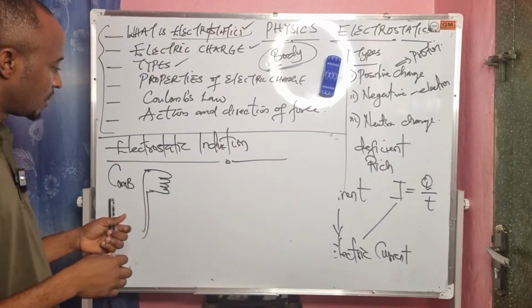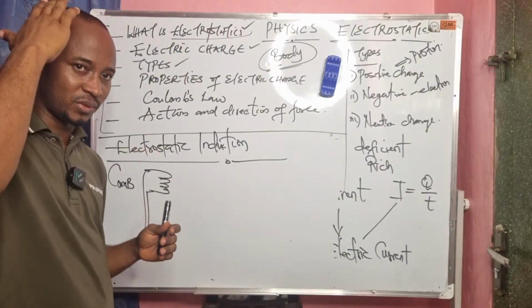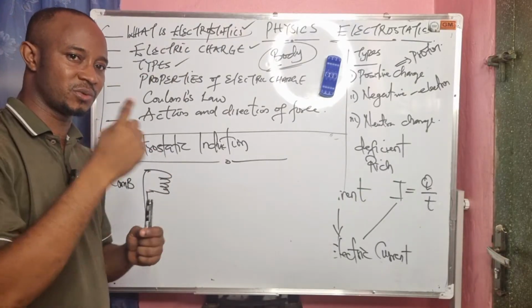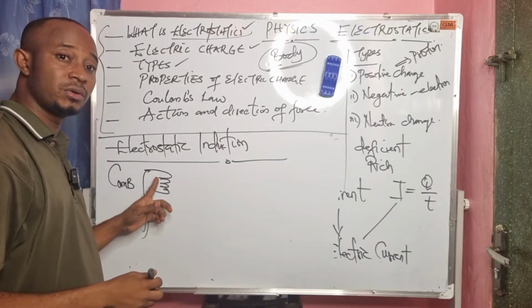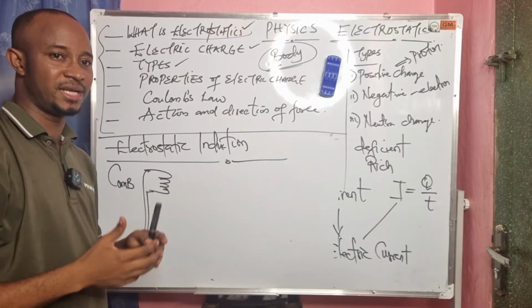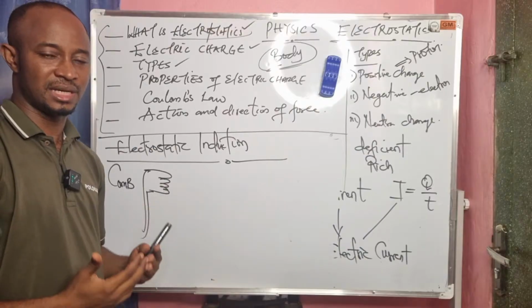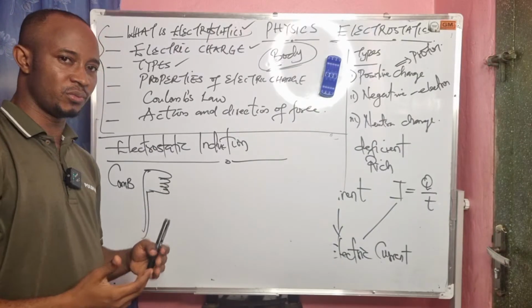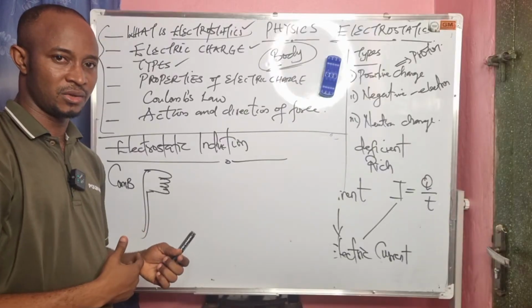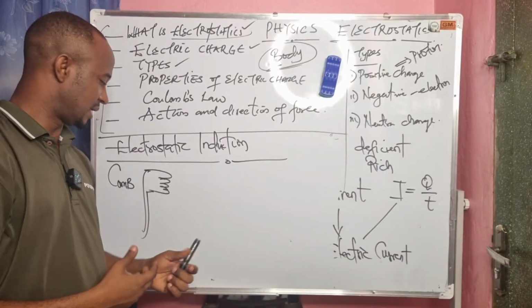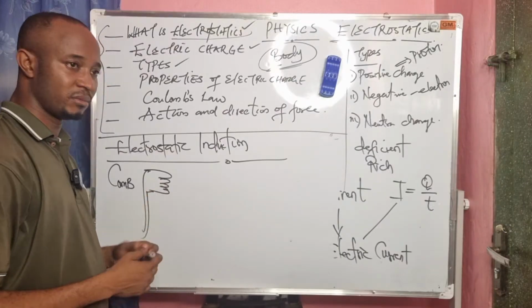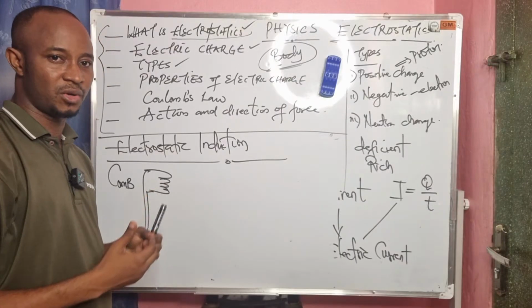Now, when this comb is being rubbed with the hair, what happens is that the hair transfers what? Electrons to the comb. Don't forget that any material that accepts electrons becomes negative, right? The comb receives the electrons from the hair, while the hair becomes what?